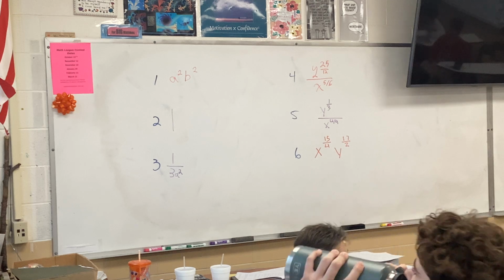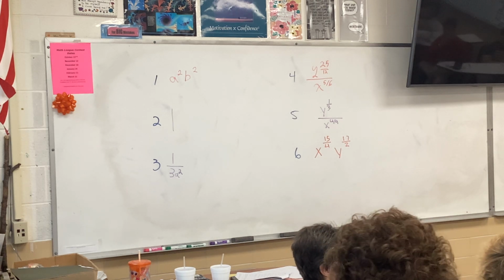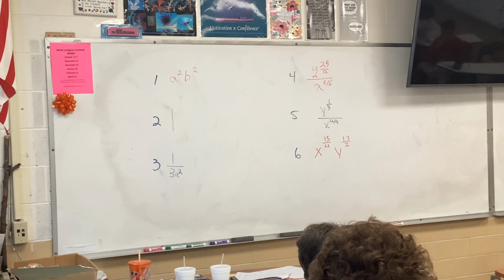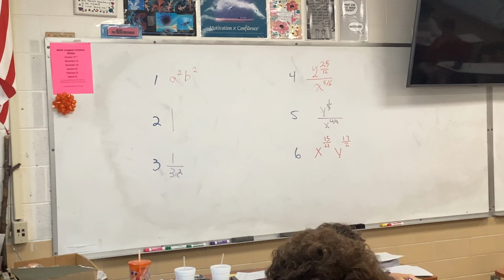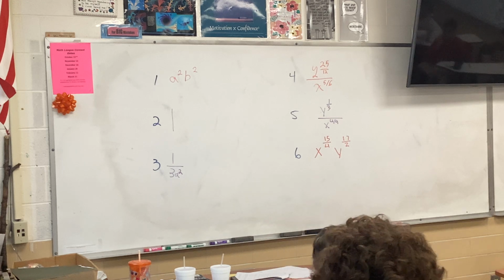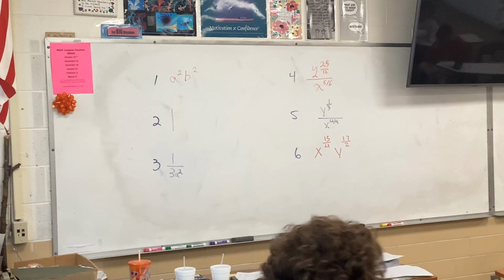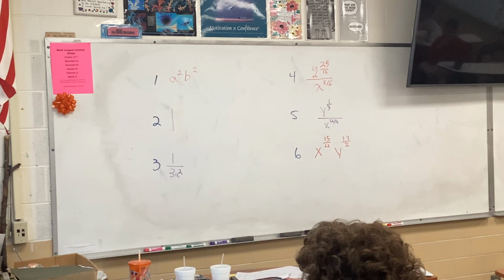Okay, so in terms of simplifying exponents, you have been taught that fractional exponents on the bottom are not acceptable because fractional exponents are radicals and radicals aren't acceptable. That is now, we're past that now.